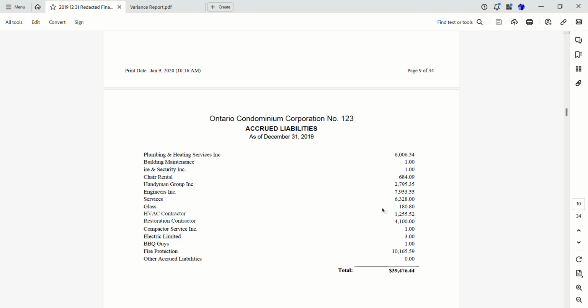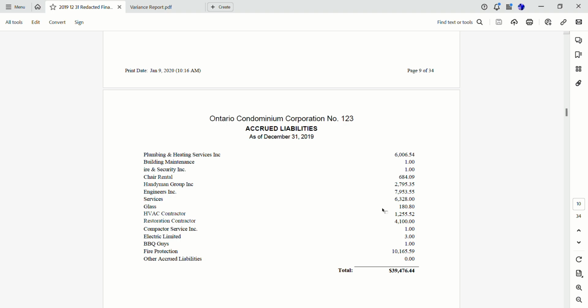For the accrued liability, there's a time gap between when the work has been done and when the invoice is sent to the corporation. Normally, when we start the proposal and issue the PO to the contractor, or the work has been completed by the contractor, but before the invoice has been billed to the corporation, we already put this expense into our liability.